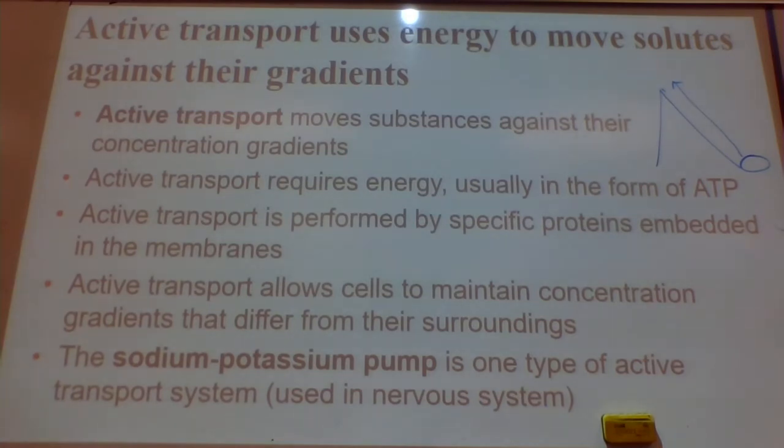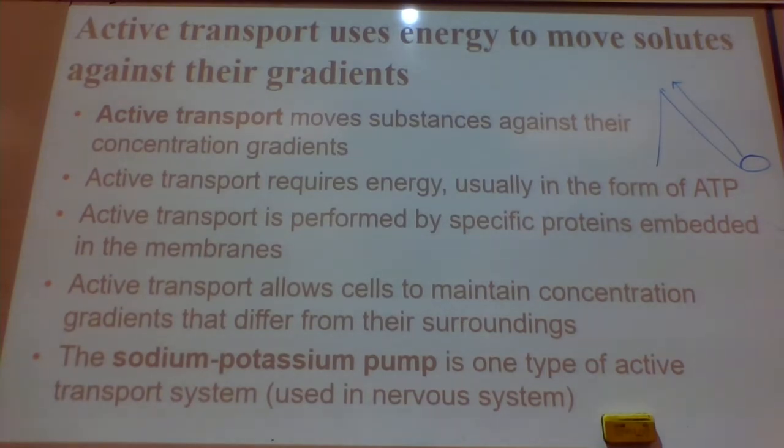Now, the goal of a lot of active transport, you probably want to write this down. A lot of active transport, its goal is to actually create a gradient, right? Many times the goal of active transport is to actually create a concentration gradient.